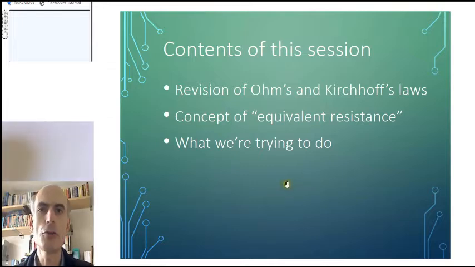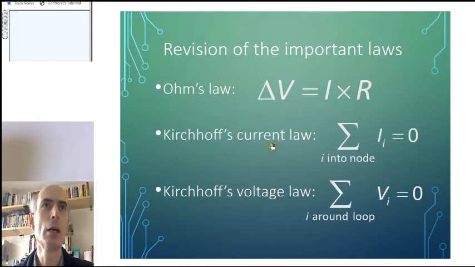So, revision of Ohm's law and Kirchhoff's current laws, the three basic laws of circuit analysis. Ohm's law: the voltage across a resistor is equal to the current flowing through a resistor times the value of the resistance. Kirchhoff's current law: the sum of all of the currents flowing into a node is zero.